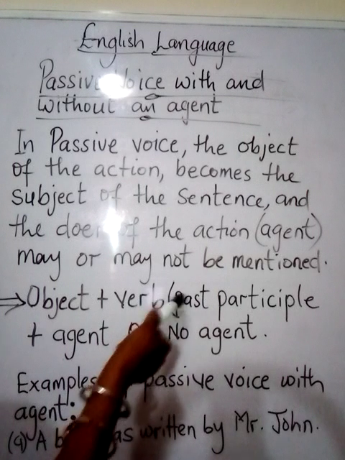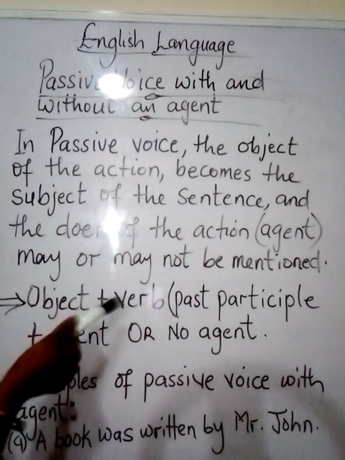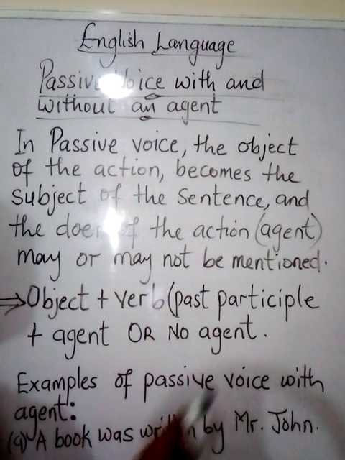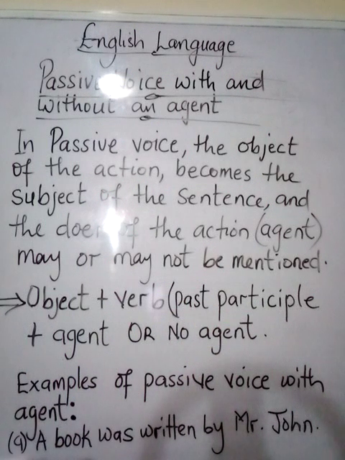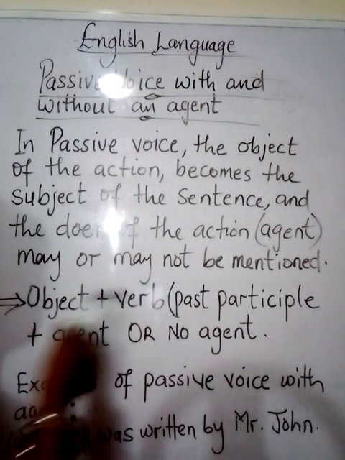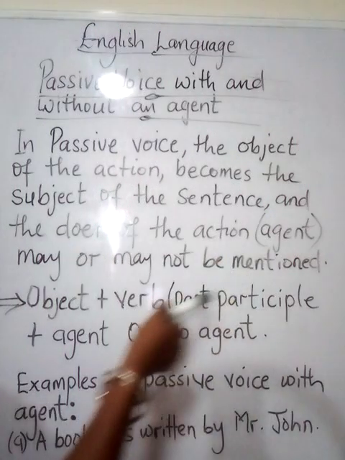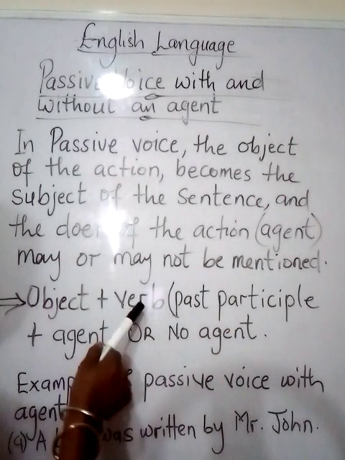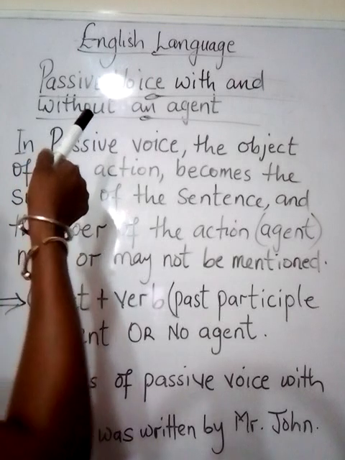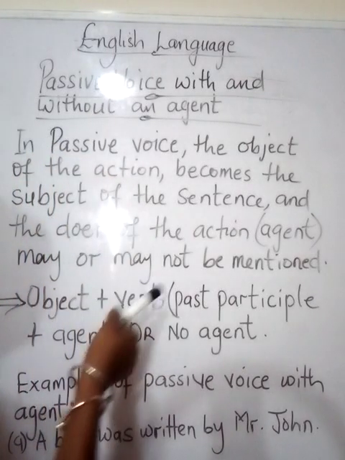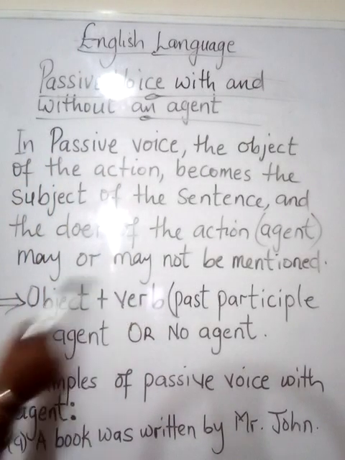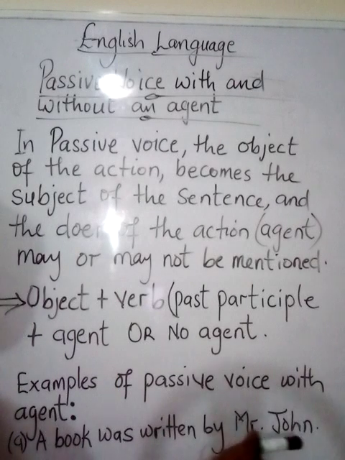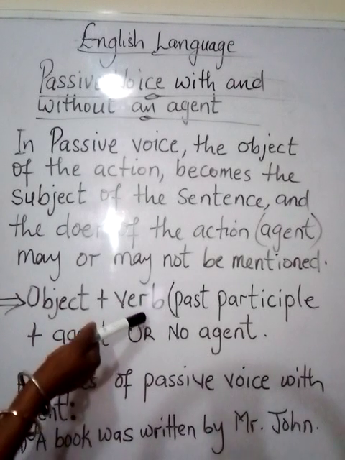But the difference here is that in passive voice, the verb must be the past participle. The verb you're going to use in passive voice must be the past participle. For example, the verb in active voice could be present or past, like Mr. John wrote a book. Wrote there is past tense, right?